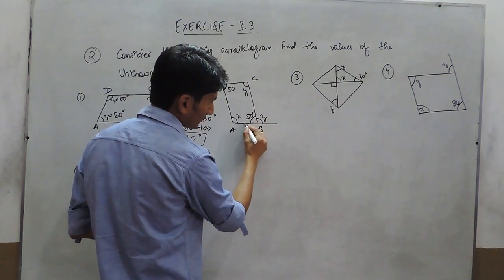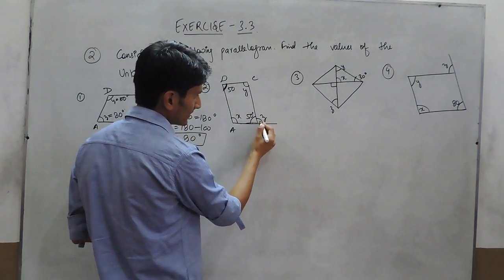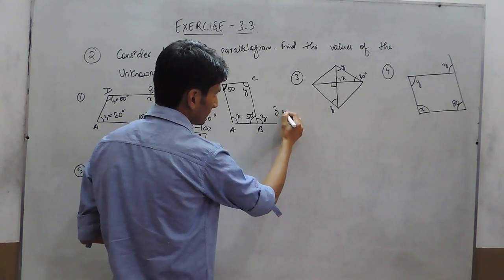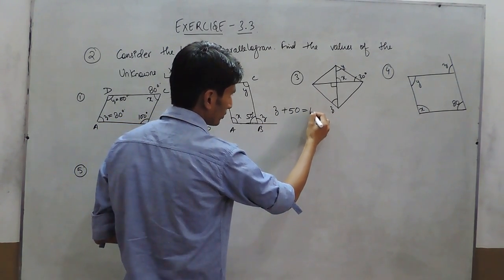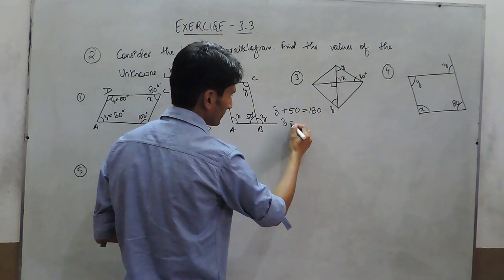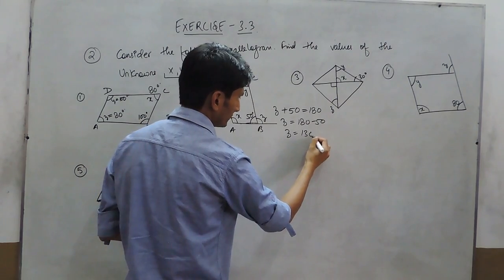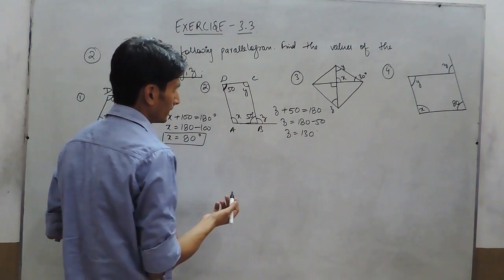And in a straight line, the sum of all the angles is equal to 180. So z plus 50 must be equal to 180. The value of z must be 180 minus 50, so z must be equal to 130 degrees.